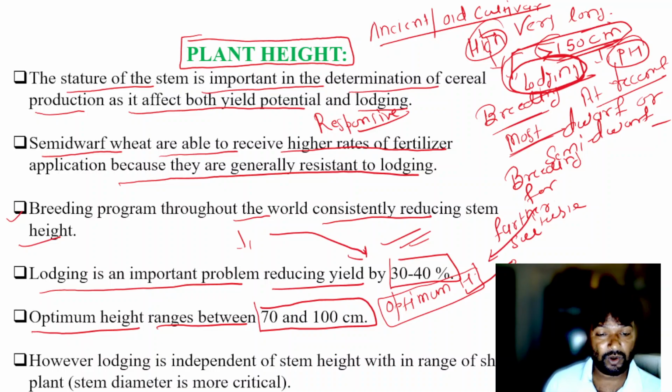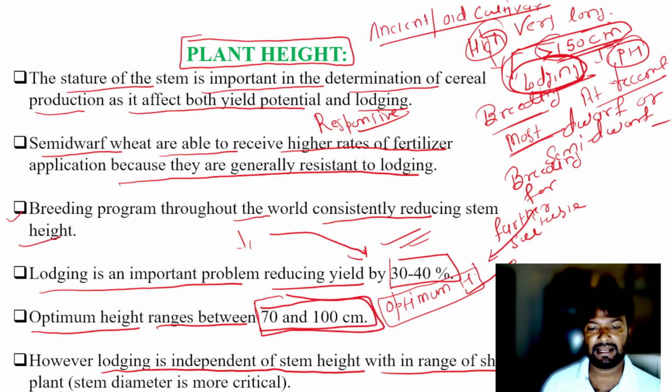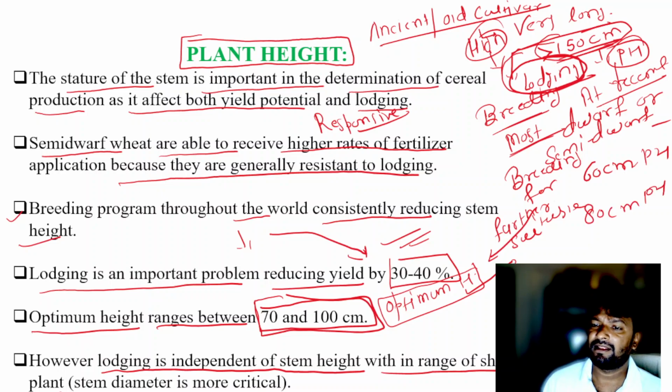Okay, so the lodging is independent of the stem height within a range of short plants, because we already have the optimum plant height. If we reduce plant height below this, then there is no effect on the lodging. Meaning if a variety has 60 centimeter plant height or 80 centimeter plant height, then sensitivity to lodging is almost equal.